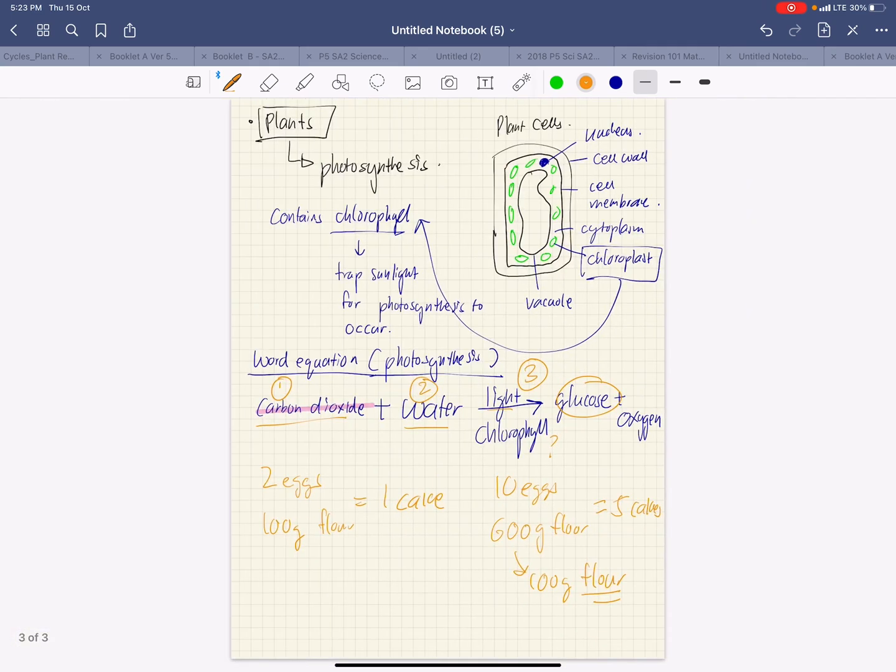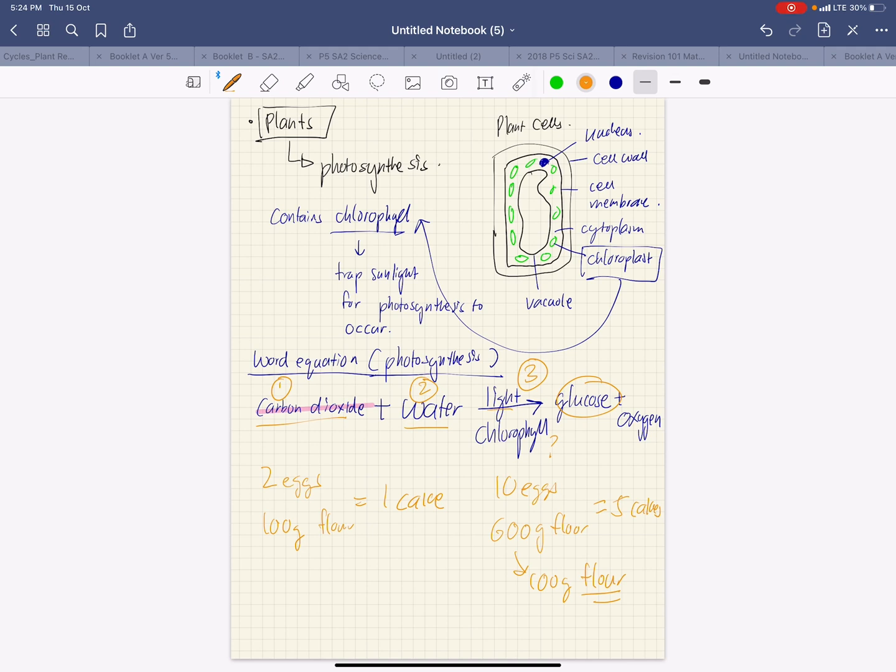Now, there are also various experiments that are commonly tested for you to tell the rate of reaction for photosynthesis. Now, the key idea here is to be very aware of how these different factors would affect your rate of photosynthesis.